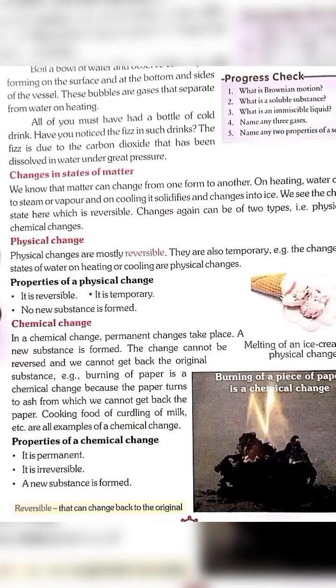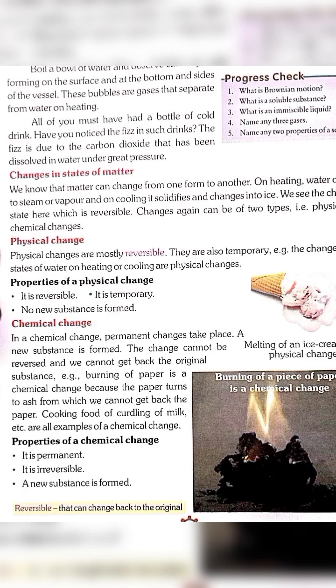Now, change in state of matter. There are two types of change: physical change and chemical change. Physical changes are reversible changes. They are temporary changes in the state of water on heating or cooling. For example, liquid water changes to ice, which is the solid state, and water changes to steam, which is the gaseous state.